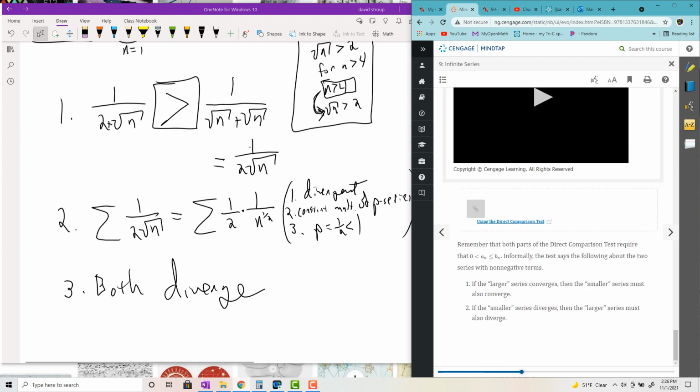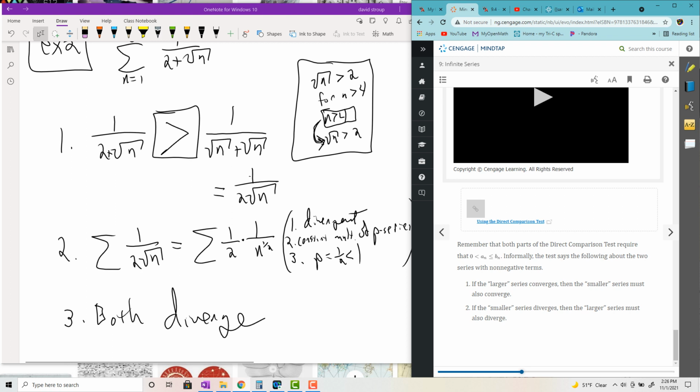It's not necessarily that one series is for a fact bigger than the other. So if the series with the bigger terms is divergent, it says nothing about the series with the smaller terms. But if the series with the bigger terms is convergent, then the series with the smaller terms will be convergent.